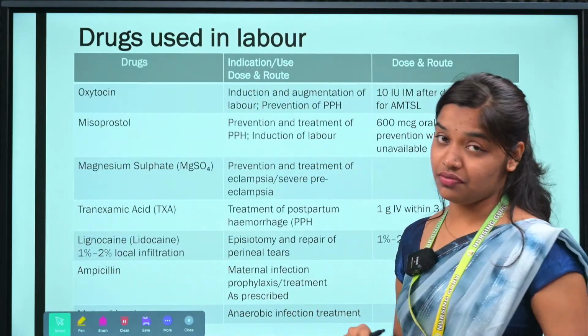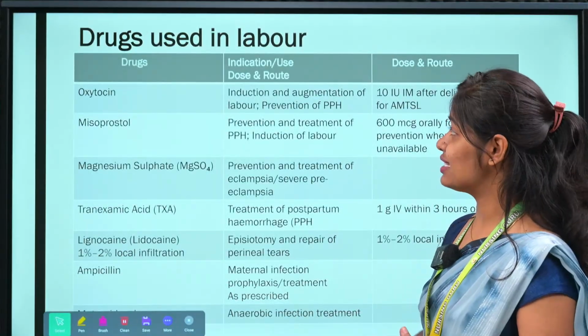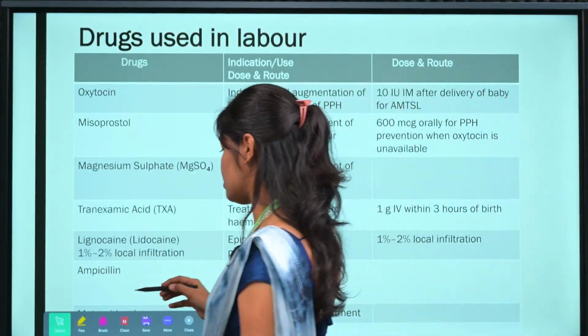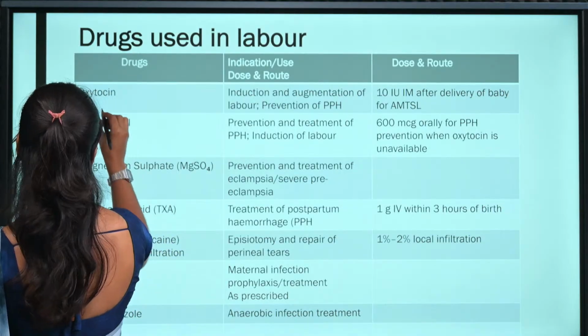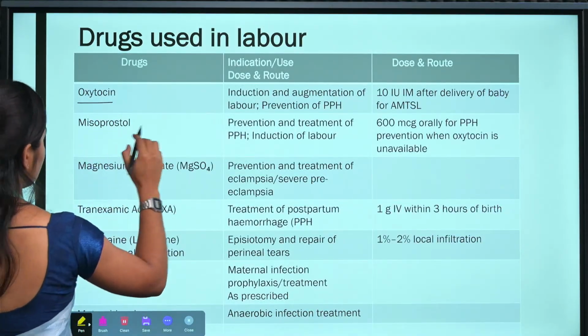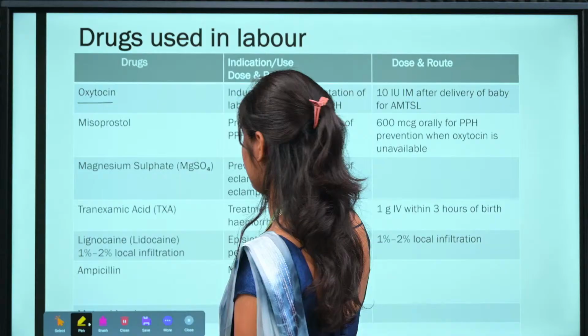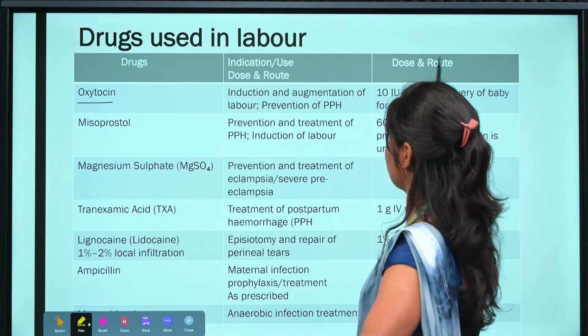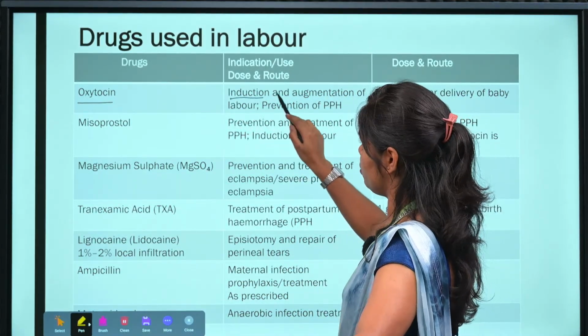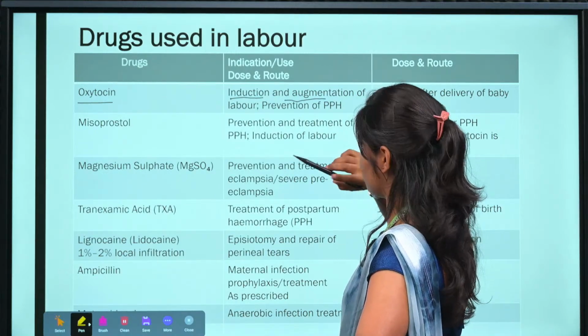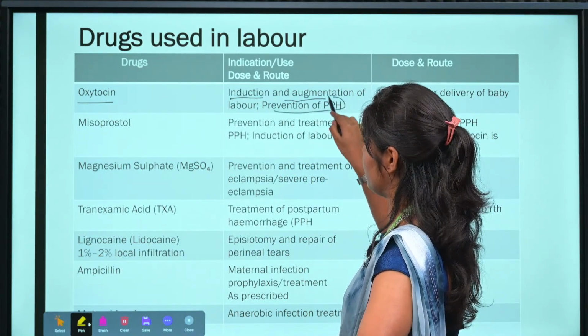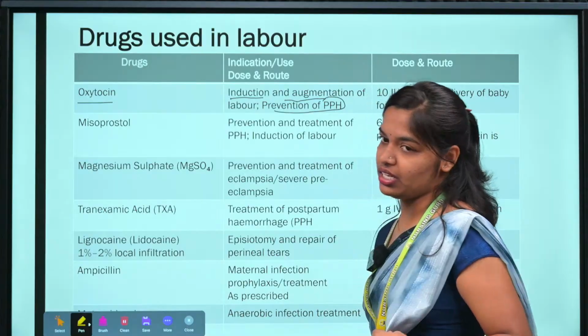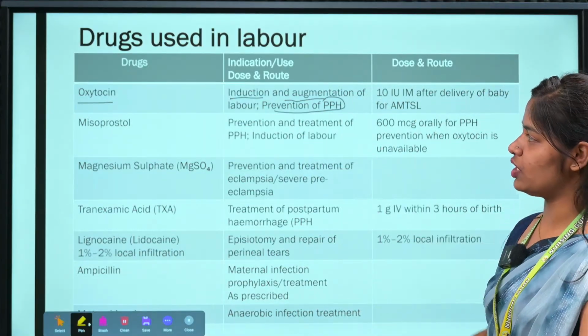Then drugs. Which drugs are we going to use in labor? First one, oxytocin. It has indications and uses, and also a dose and route. It is used to induce and augment labor, and for prevention of PPH, postpartum hemorrhage. To prevent that, we give oxytocin.